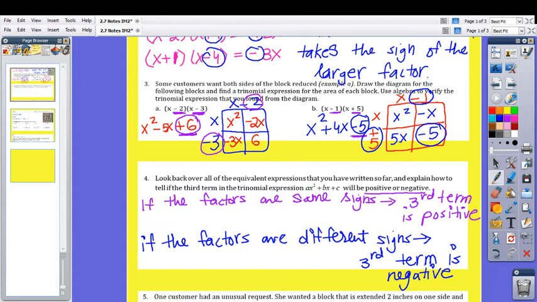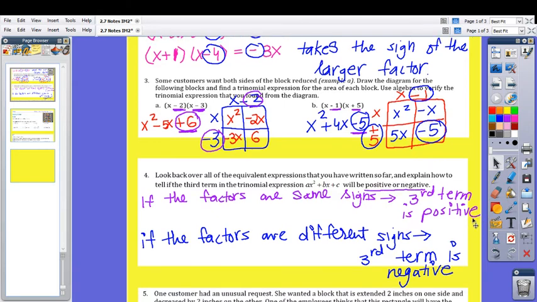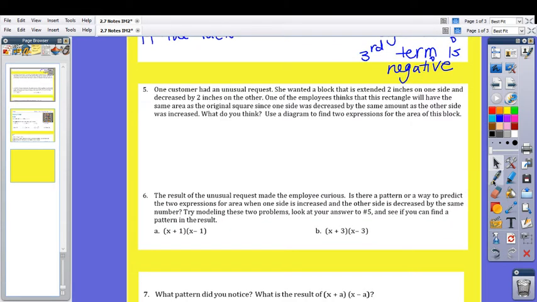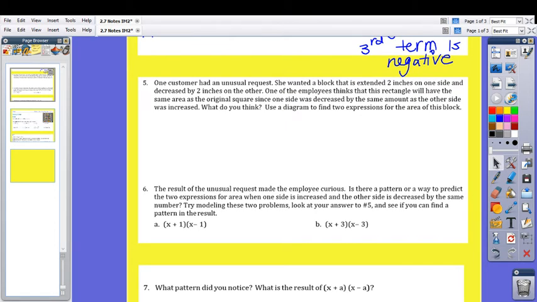Now let's try the next one, and let's find out what's happening in that one. Okay, so in this one a customer had an unusual request.